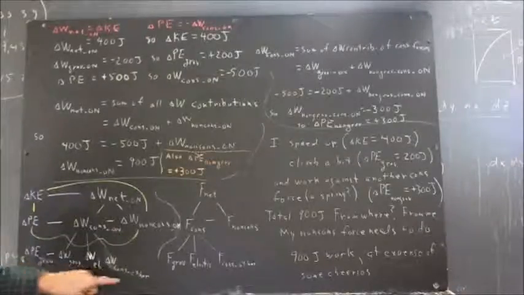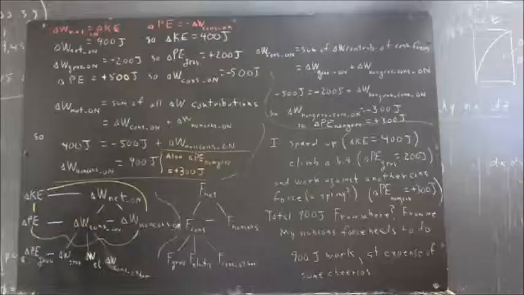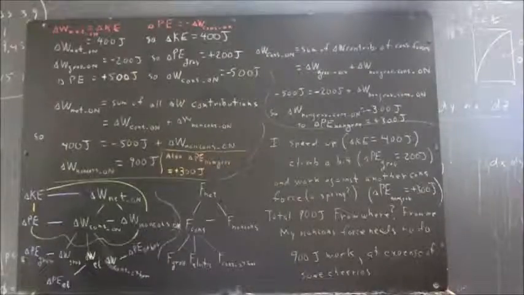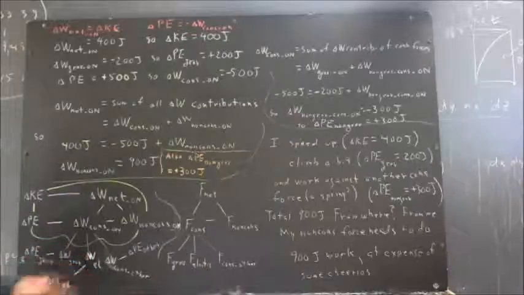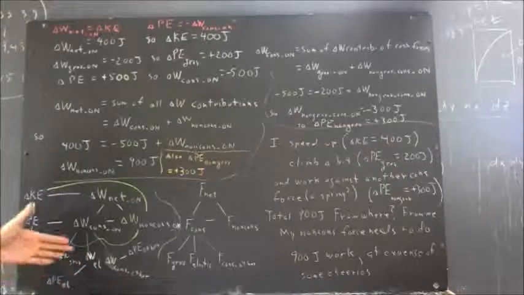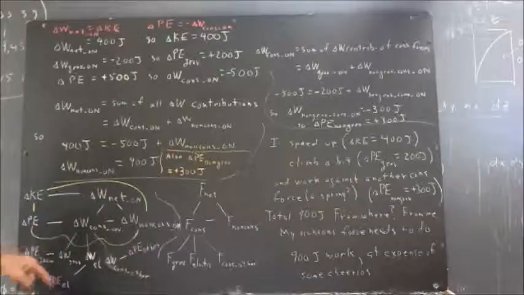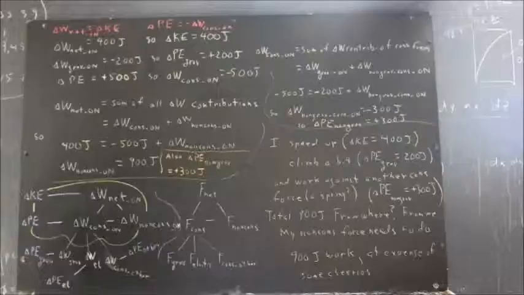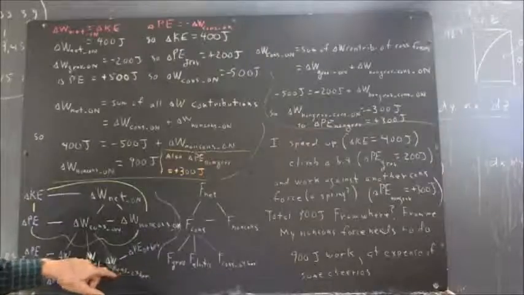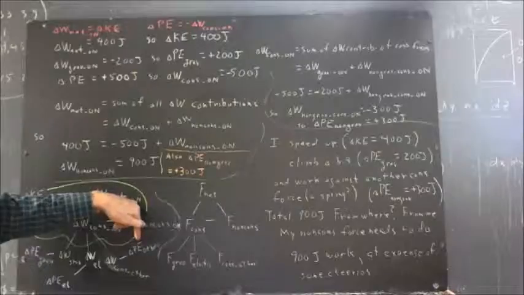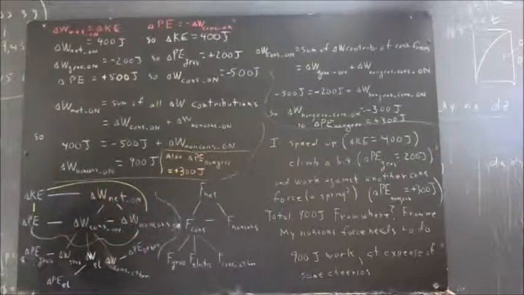We do the same with the elastic and the other forces. I'll do that off camera so you don't have to sit there and watch me do it. So, delta W elastic is directly related to delta PE elastic. They're equal and opposite, as you can tell by the basic principle. And delta W conservative other is equal and opposite, turns out, to delta PE other.